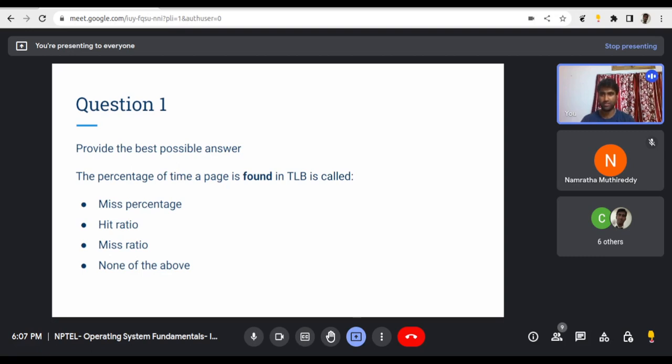The percentage of time a page is found in the, I hope you know what is the translation look-aside buffer. So yeah, page is found in TLB. It is called miss ratio, miss percentage, hit ratio, or none of the above.